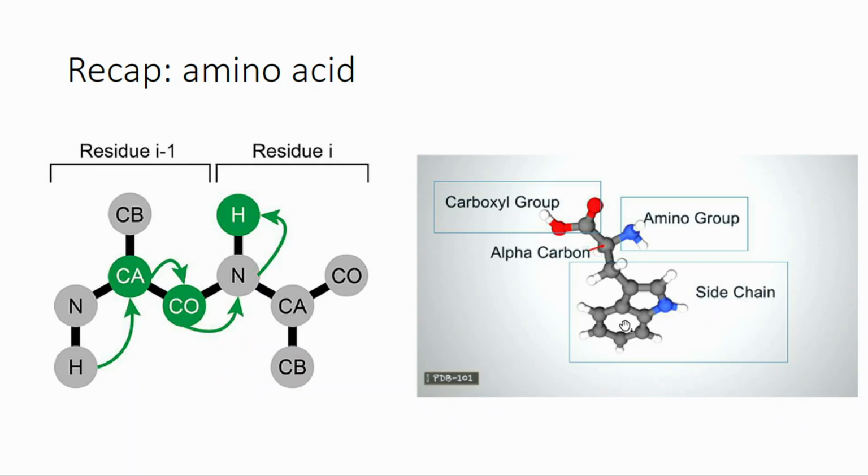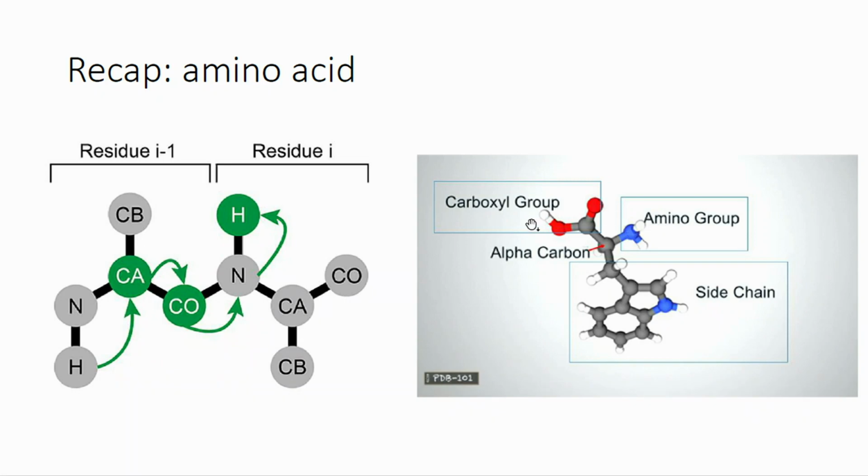So this is the side chain of each amino acid, and as we talked about before, each amino acid must have a carbon in the middle, which we call C alpha, or alpha carbon, and the C alpha is directly connected with the amino group, which is the NH2, and the carboxyl group, which is the C and OH here.